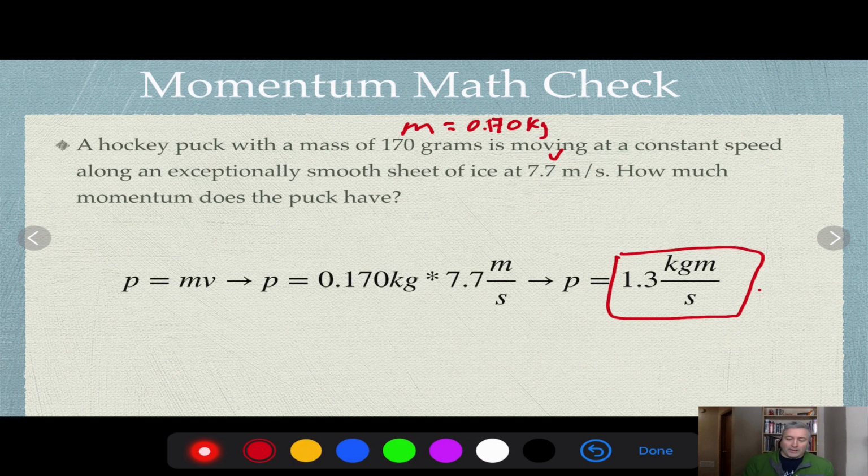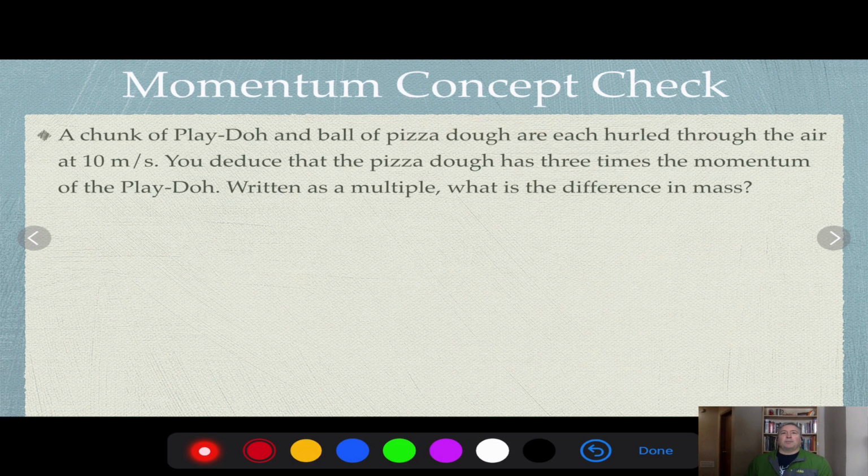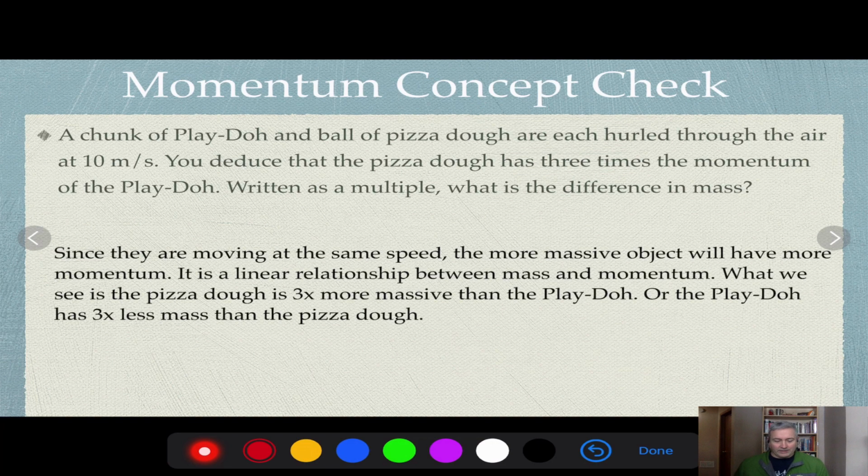Sometimes we compare momenta of different objects. For example, this ball of Play-Doh and the ball of bread dough that are compared, or pizza dough, I should say. They're both moving at the same speed, so velocities are the same. If one of them has more momentum, that means it has more mass. And if we're told it has 3 times more momentum, it has 3 times more mass. Very direct relationship.